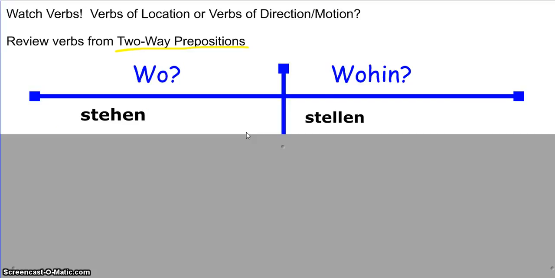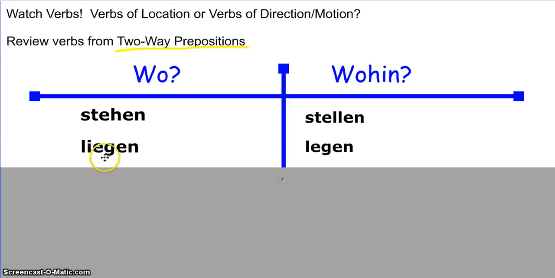You're putting it there in a standing position. So I am standing in front of the door versus I am standing the Diet Coke bottle on the desk. So to put in a standing position versus to stand or to be situated in that position.